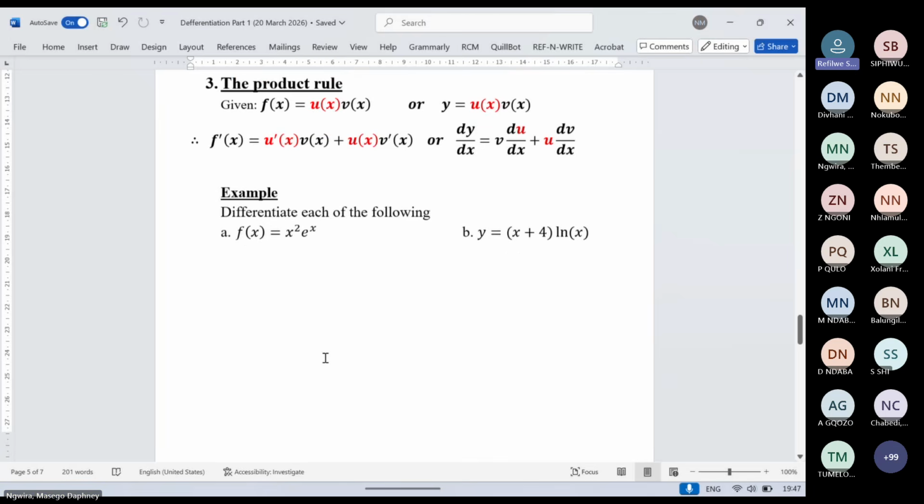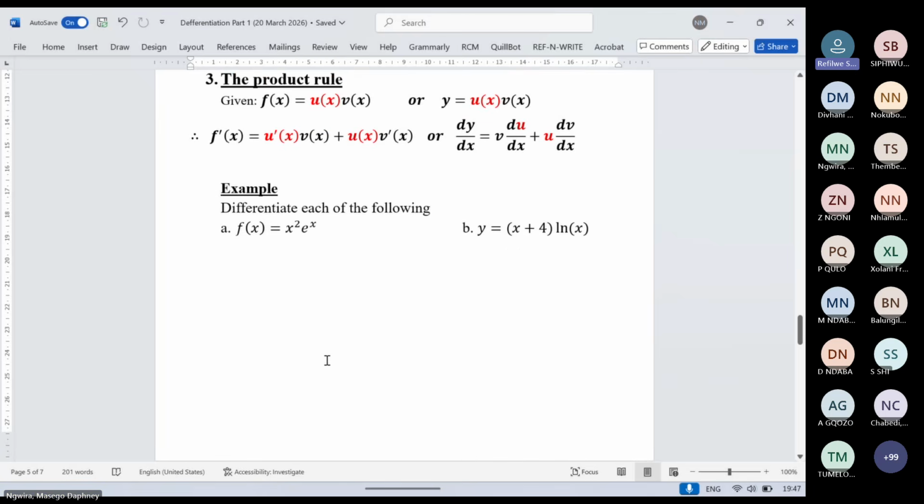Going back to the question that we were doing. Is ln the same as the first principle?